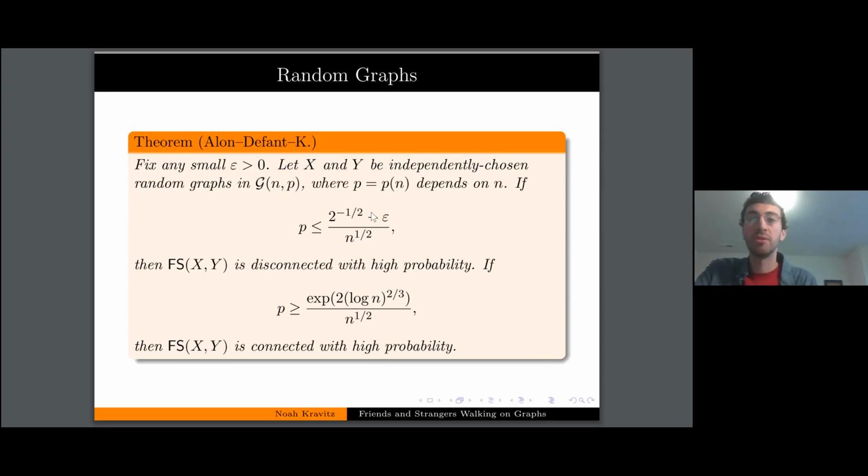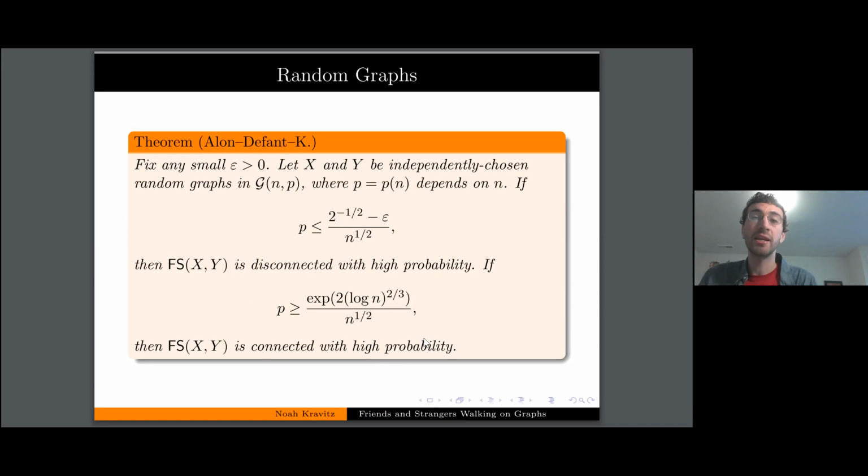The first half of this theorem is pretty quick to prove. And one nice thing is that it actually shows that with high probability, the friends and strangers graph has isolated vertices, which kind of suggests that generically, the main obstruction to having a connected friends and strangers graph would be isolated vertices. The second half of the theorem is much harder to prove and much more elaborate.